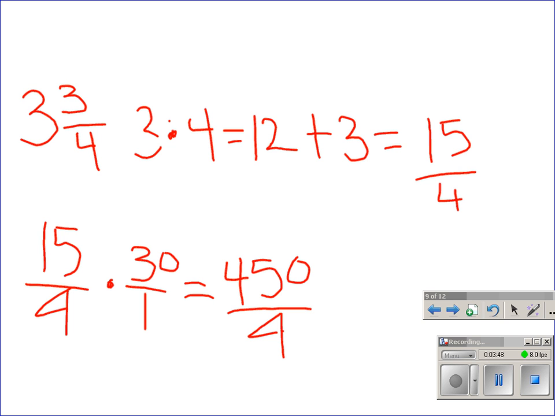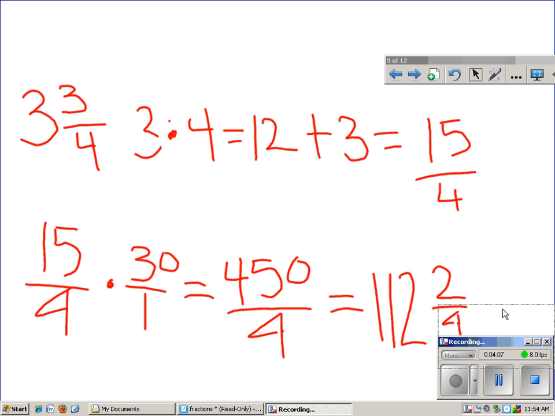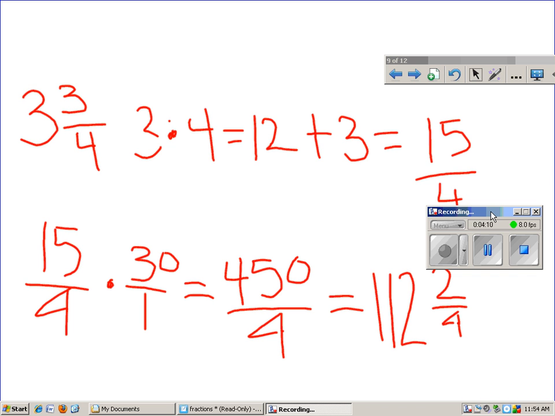You would then make 450 over 4 into a whole number, which is 112 and 2/4, which also equals 112.5.